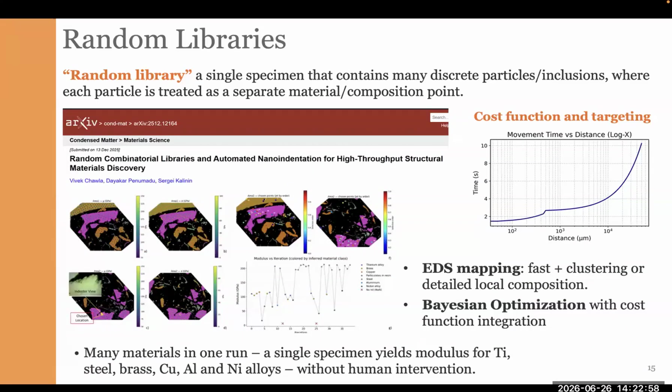What we need to account for here, what is the difference from the combinatorial library, is actually the cost function. So if you would like to investigate the big sample with nano indentation, you probably need to integrate into your acquisition function some additional function, which is just a cost function.